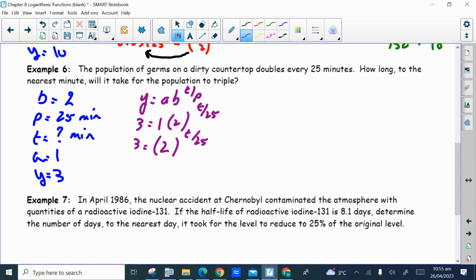And we would solve for T by converting from exponential to logarithmic. Start with the base and cycle through. The exponential function has a base of 2, so our log will have a base of 2. It's log base 2 of 3 equals T over 25. Multiply both sides by 25 to get T by itself.